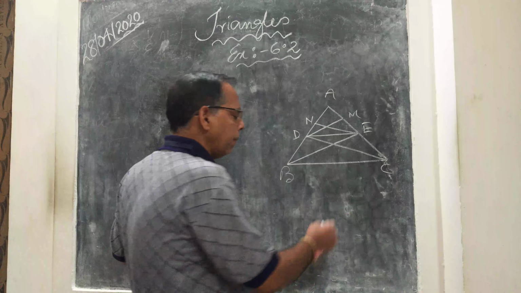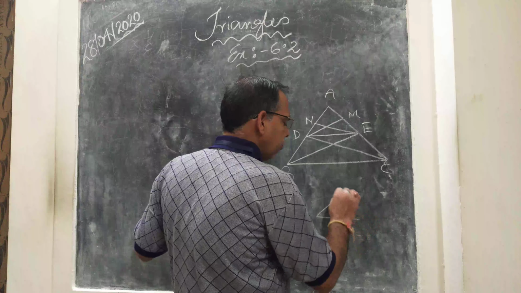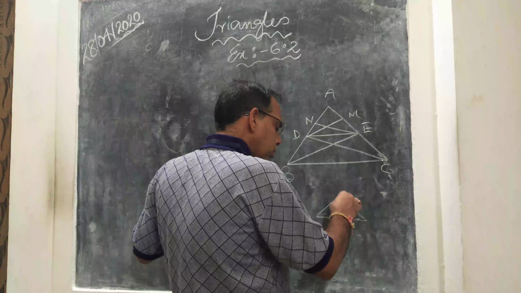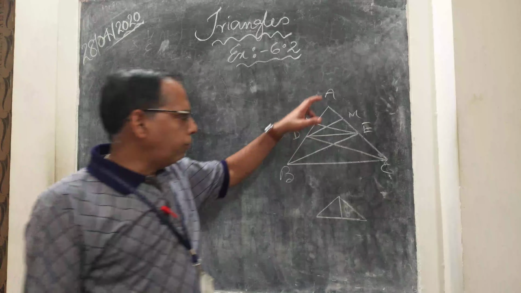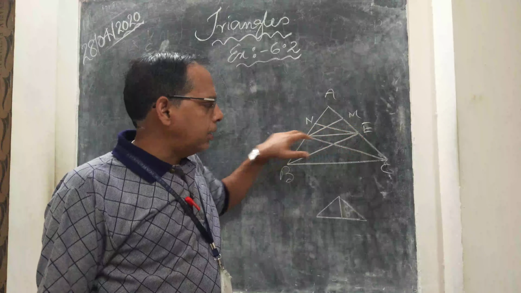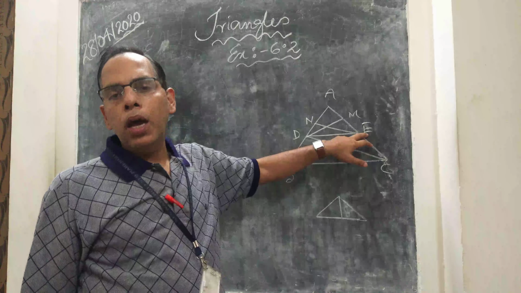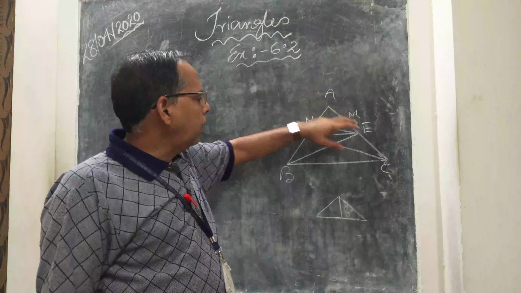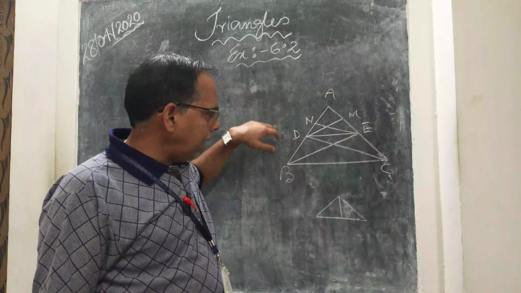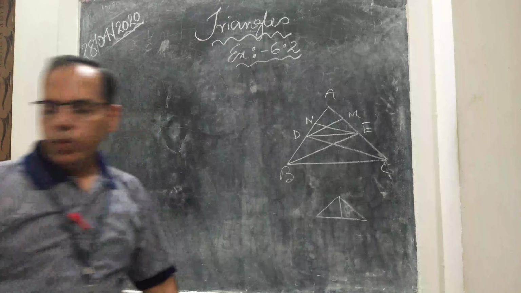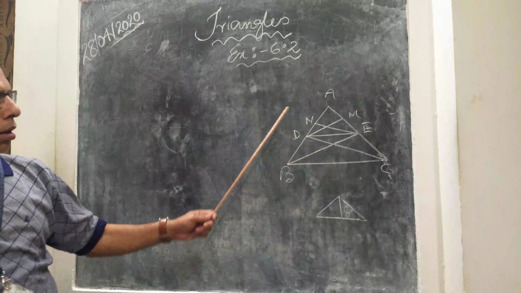Because you have to remember, whenever we take out the area of a triangle, the altitude comes from the vertex, not from the base. So if we take the triangle AED, then E will be the vertex, and EN will be the altitude. Similarly, if we take ADE, then DM will be the altitude.